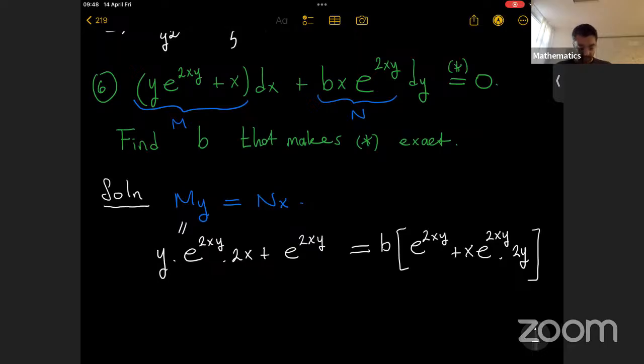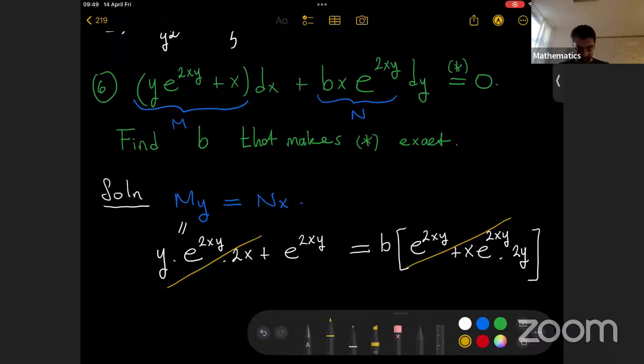Okay. Well, if they are the same, here b must be 1, right? Because you see from here, this one is the same as that one, the whole thing here. So this implies b is equal to 1.